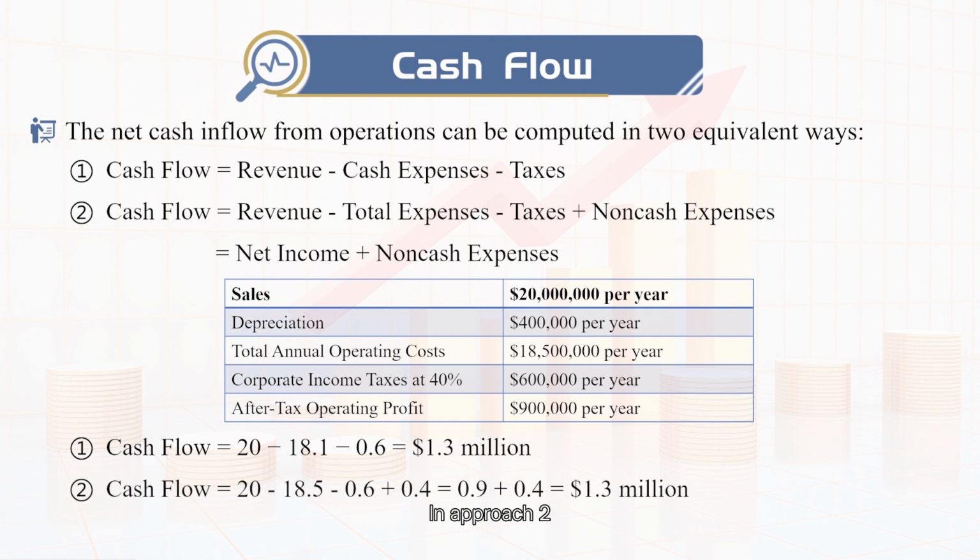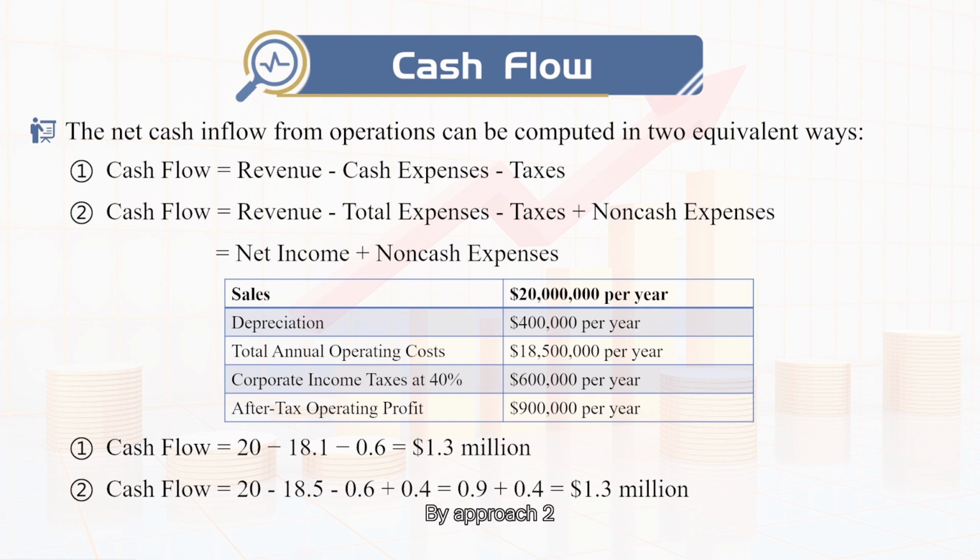In approach 2, the revenue is sales, $20 million. Total expenses are $18.5 million. The taxes are $0.6 million, and the non-cash expenses are the depreciation, $0.4 million. So the cash flow is equal to 20 minus 18.5 minus 0.6 plus 0.4, which is $1.3 million.